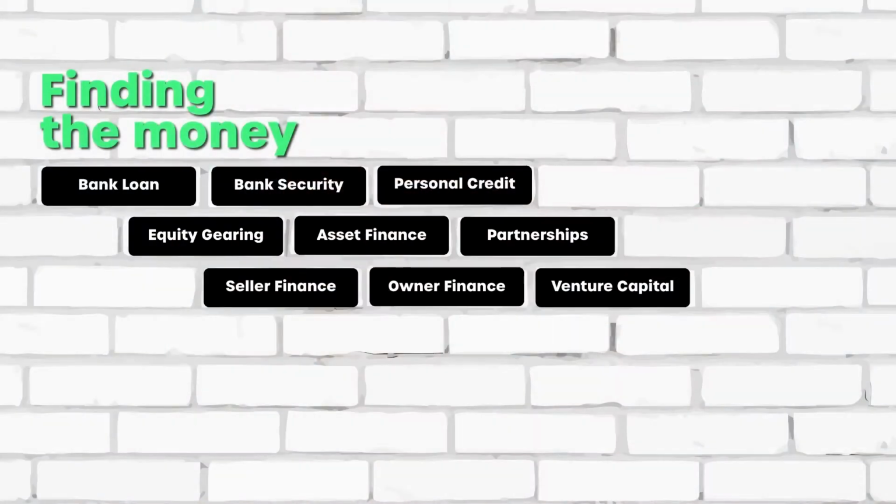The next one is owner finance. Now, the difference between seller finance and owner finance is that with seller finance, they're effectively financing you in the deal by lending you money, albeit not in actual cash, but in a portion of the property. With owner finance, what you do there is you leverage the property, you develop it while the owner still has control of the property, and then at a later stage sell it without having to raise a bond yourself, except the capital you require for the development.